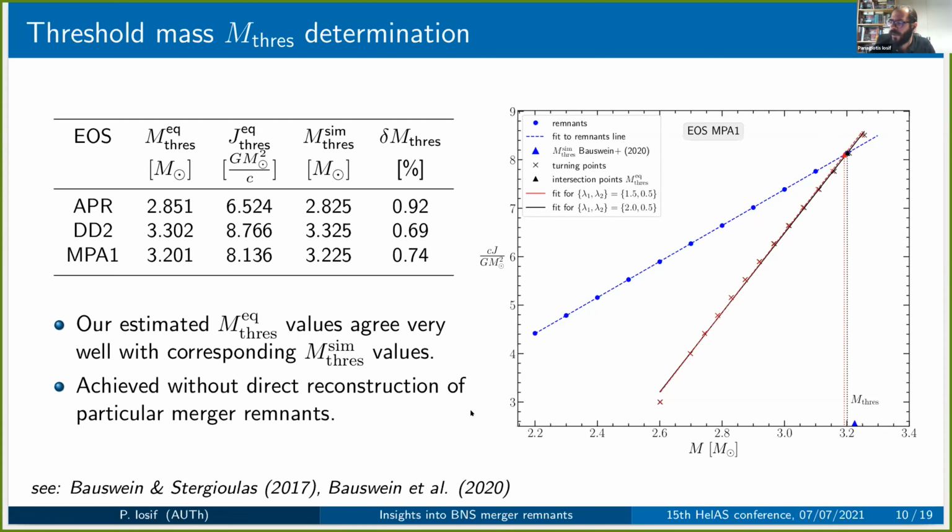And what is interesting, at least I think it's interesting, is that while the simulated values, which we took from Bauswein and collaborators, the work in 2020, do take into account the effects of the temperature, our framework is considering only cold equations of state. So this could possibly point to the fact that, at least for determining the threshold mass for prompt collapse, it is only the cold part of the equation of state that seems to have a key role.